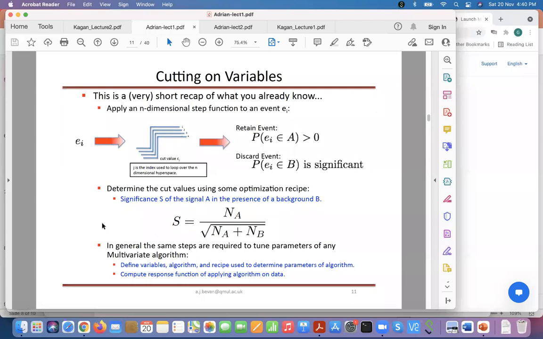Science is based on certain things. So here, for example, in a cut and count analysis, this so-called significance is a measure of the sensitivity, and that is what we want to optimize.